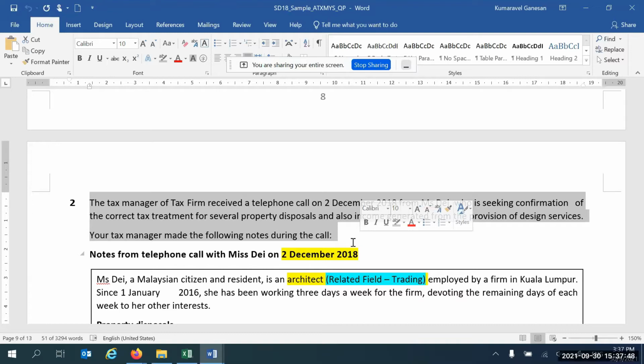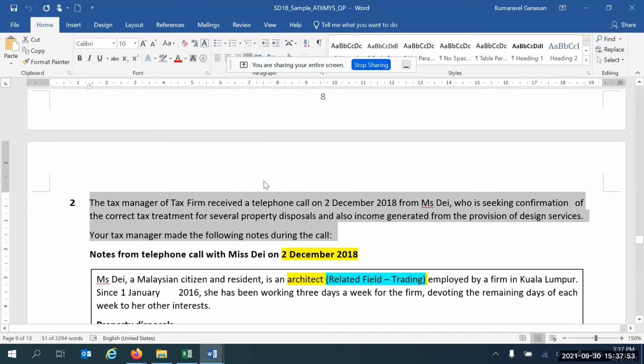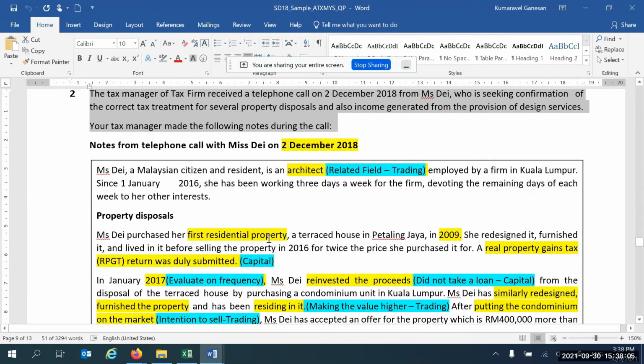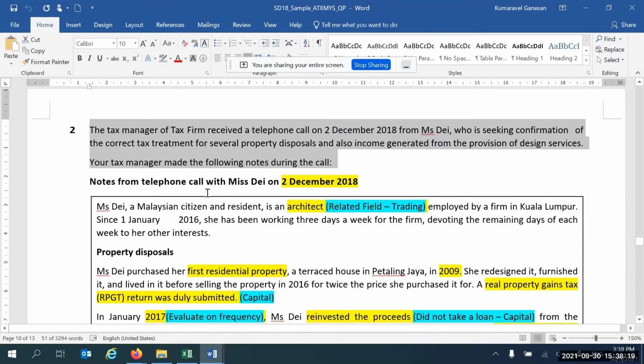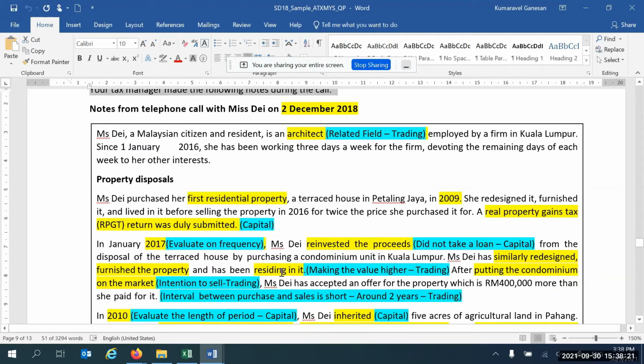Now, if they want to give you general information, they will give it at the top. Any general information will be given at the top. In this A1, the info will be in the first paragraph or first and second, that's it.